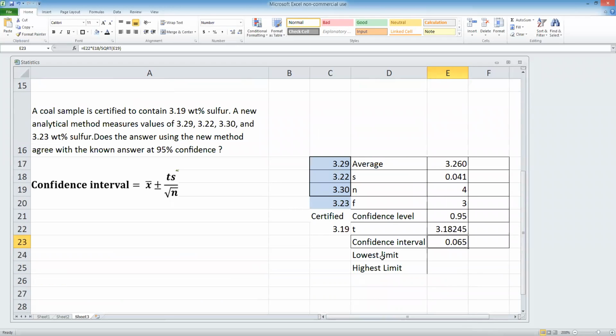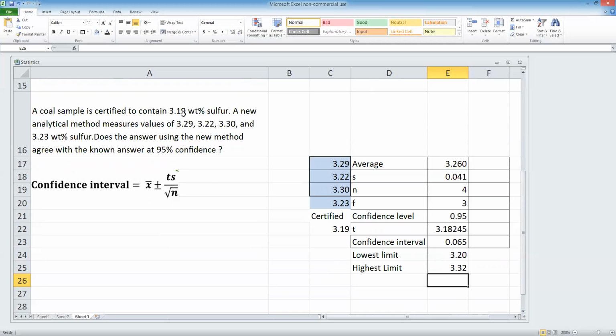So then you can find the lowest and the highest of the range. The lowest equals the average, 3.26, minus the interval, that's 3.20. And then the highest will equal the average plus the confidence interval, that's the range.